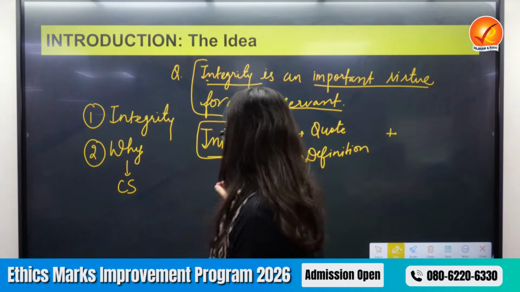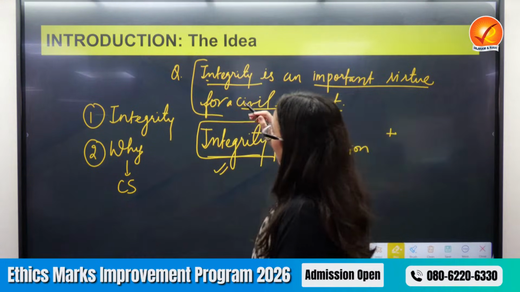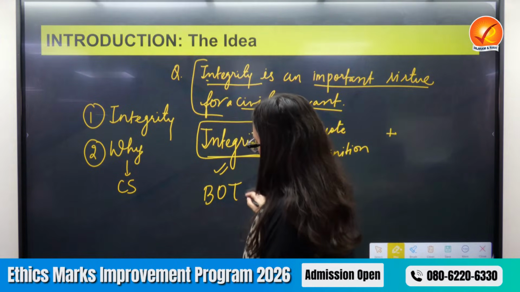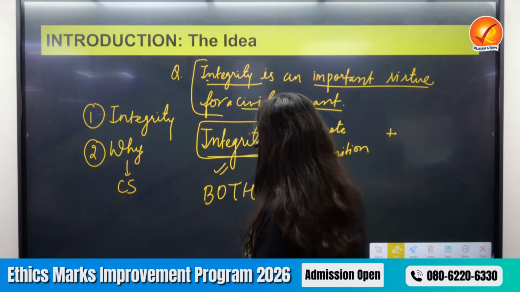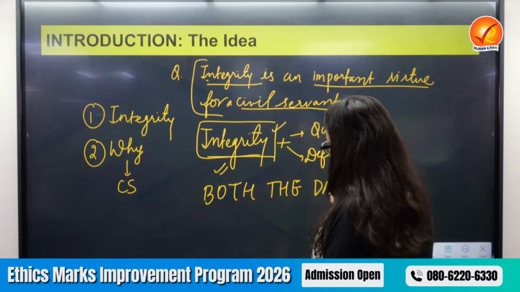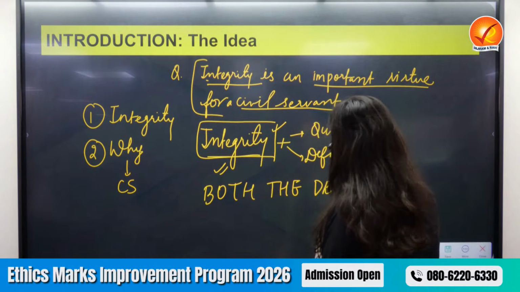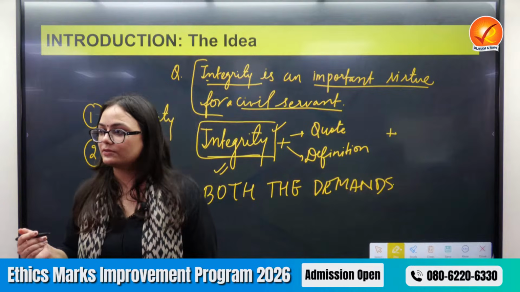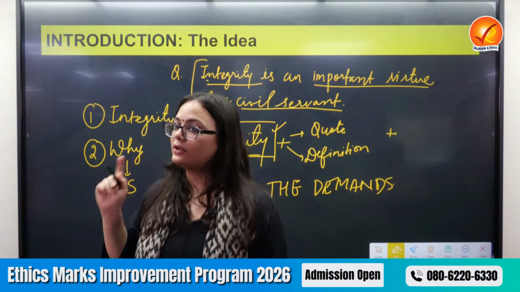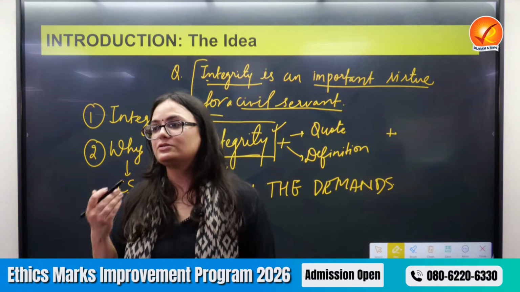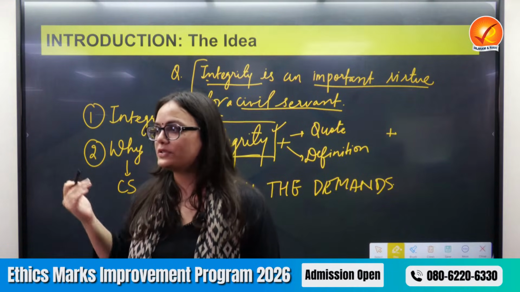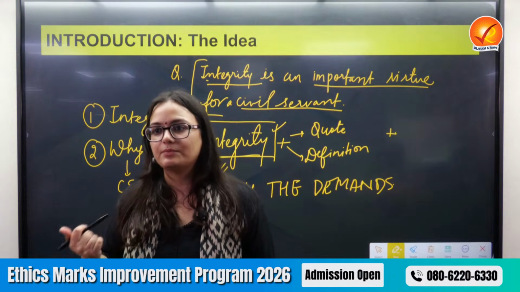Okay? So, understand that you have to address both the demands of the question directly in the introduction. What if I just write about integrity? If the examiner has not read the question, he will feel, where did I ask about the role of civil services and why integrity is an important virtue?